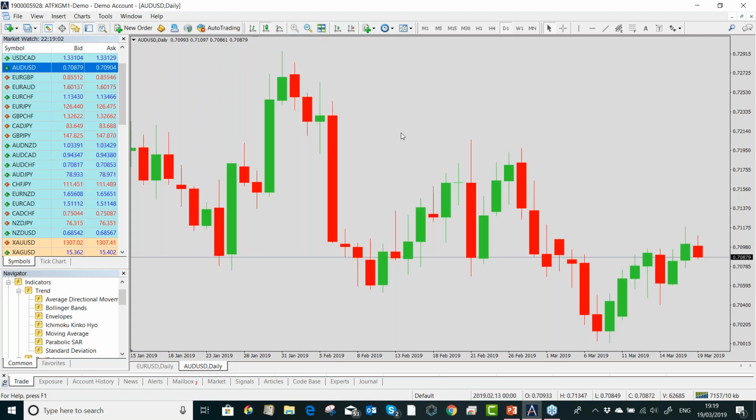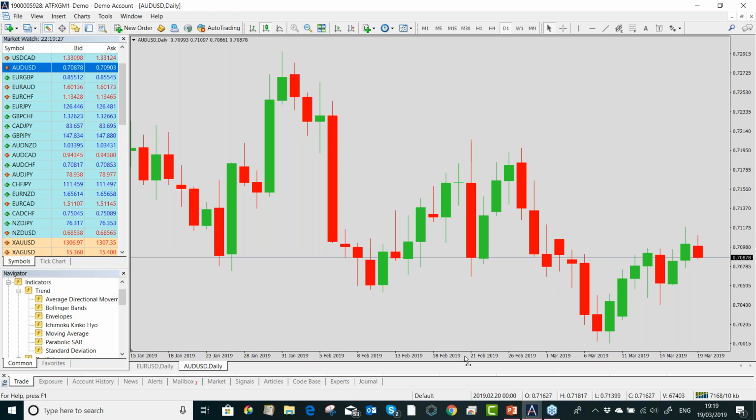Candlesticks show us exactly the same information, but it just fills in the body of the candle, we call it, in the color of that candle. So we still see the open price, the close price down at the bottom here, the high and the low, which are represented by the wicks of the candle.